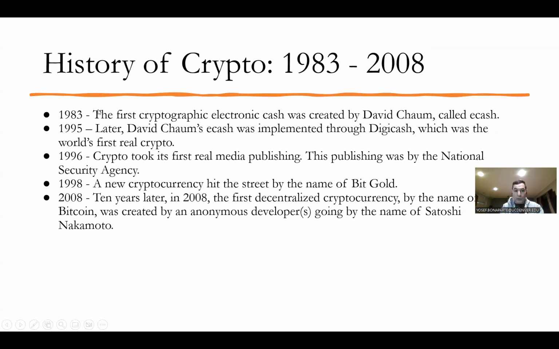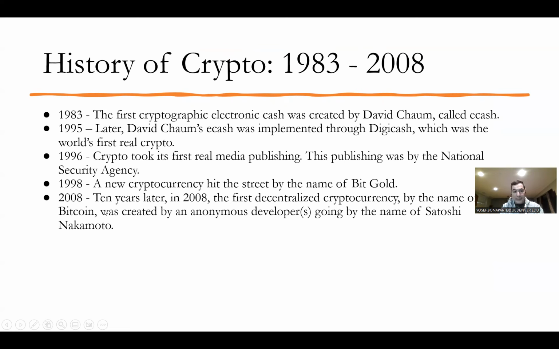History of crypto, I'll go fast. In 1983, David Chaum created something called electronic cash. A lot of people think David Chaum is Satoshi Nakamoto. In 1995, David had another e-cash idea. In 1998, a new cryptocurrency hit the street by the name of BitGold.